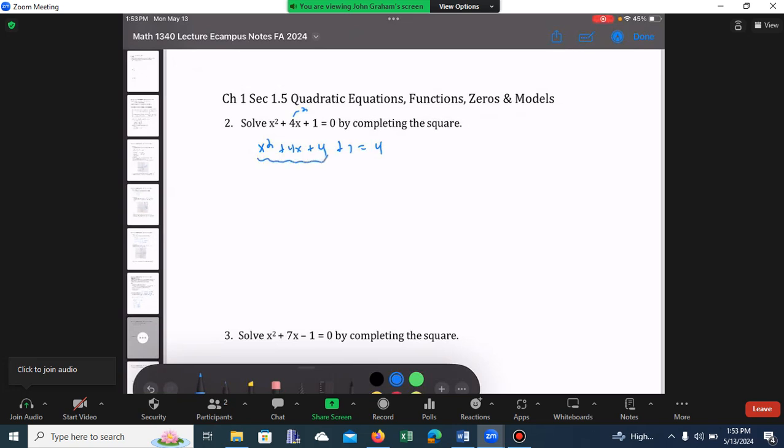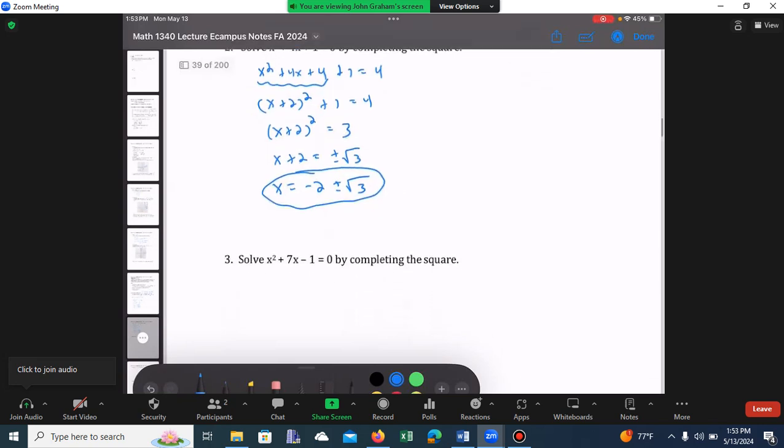This becomes x plus 2 squared. Then subtract the 1. Take the square root. Then subtract the 2. You have your two solutions.